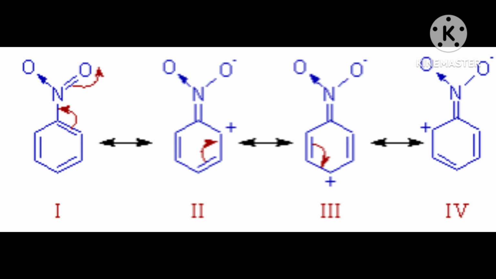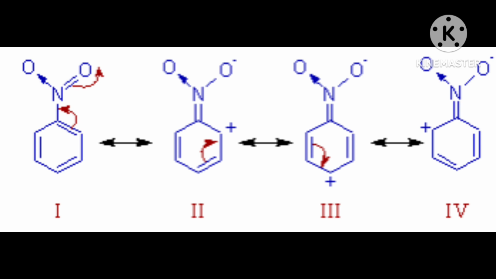In NO2, one O has a double bond, O and N are double bonded. The other O has a single bond, a coordinate bond you can say, towards oxygen. An arrow sign will be there because nitrogen has given oxygen both electrons, its lone pair of electrons.